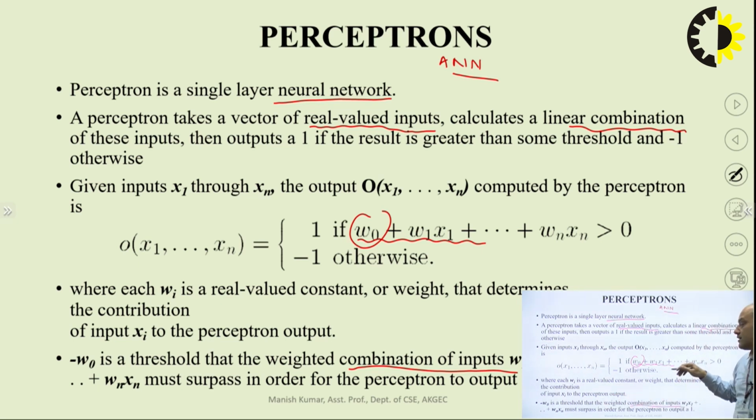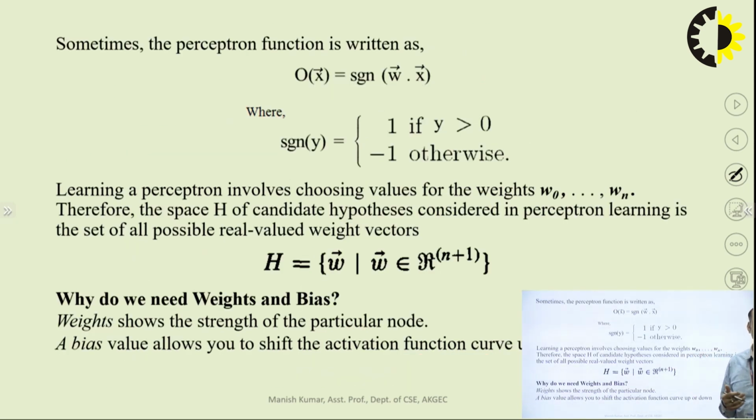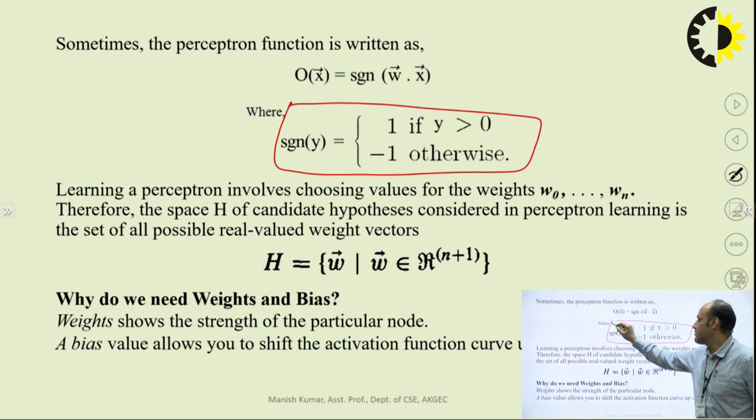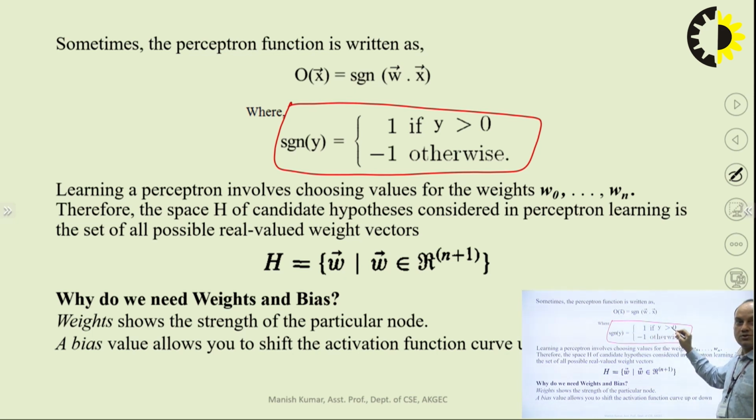After that, an activation function, the signum function, has been defined that will provide 1 if y is greater than 0, and it will provide -1 otherwise.